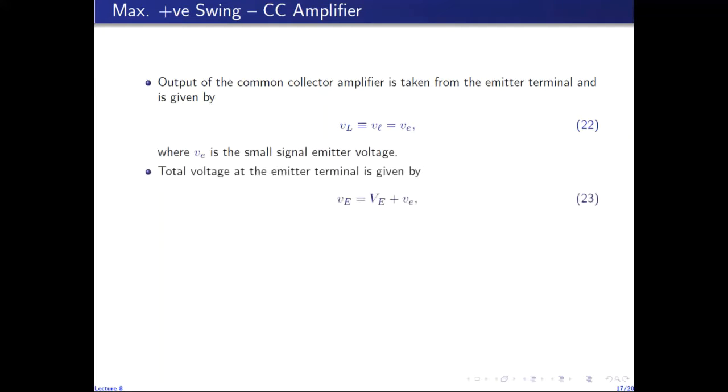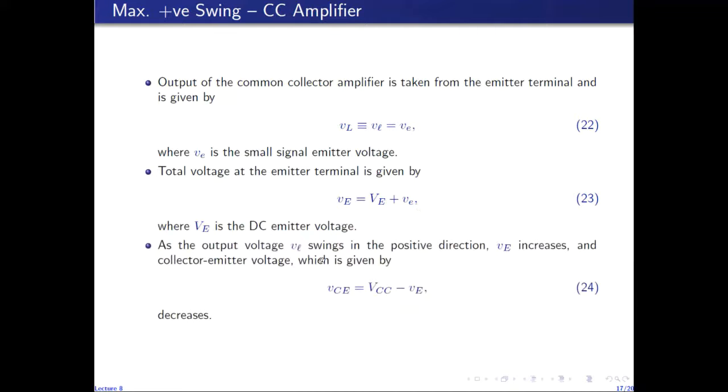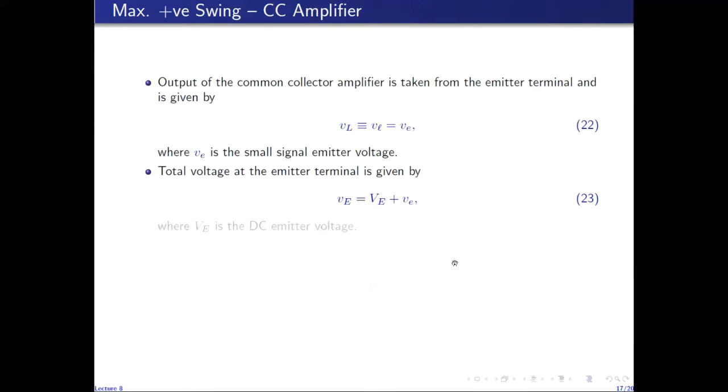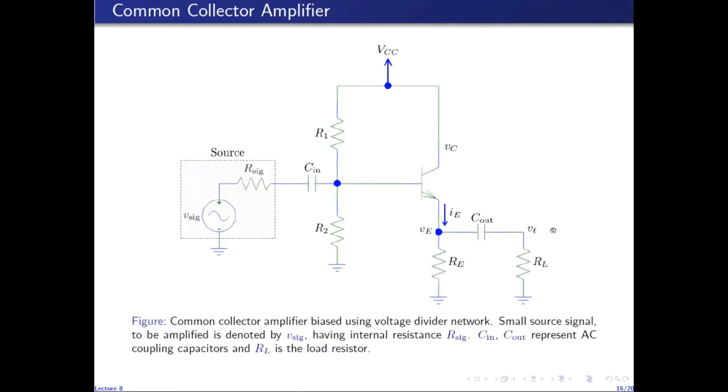Like I said, this is the total emitter voltage, and we observe that as the output voltage swings in the positive direction, so VL increases in the positive direction, the small signal AC component of the emitter voltage swings in the positive direction, because VL is equal to small VE. And since total VE is equal to DC plus the small signal component, the total emitter voltage increases.